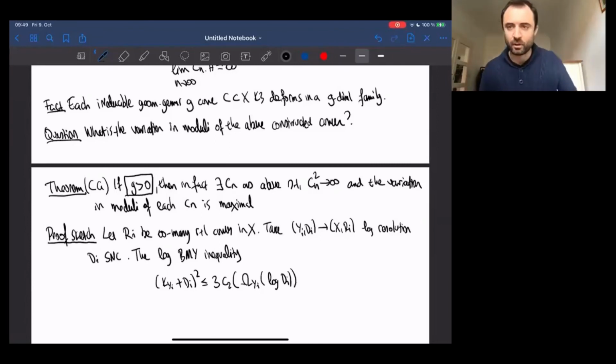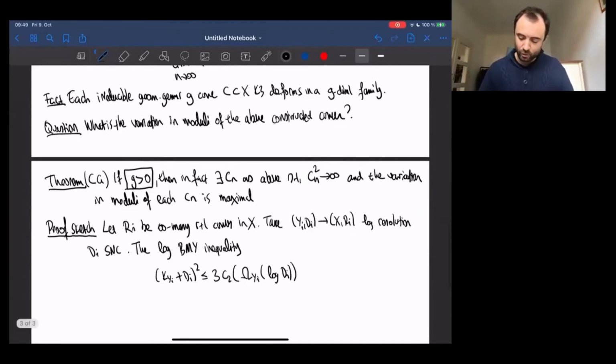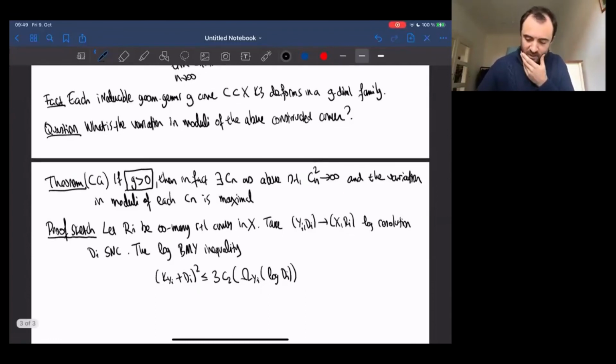Okay, so this is just the logarithmic Bogomolov-Miyaoka-Yau inequality for such a simple normal crossings pair. But we can translate both sides of this inequality into statements about the types of singularities that the curves R_i had, the kind of invariants that come in: how many singularities you have, the multiplicities, the number of branches, and so on.